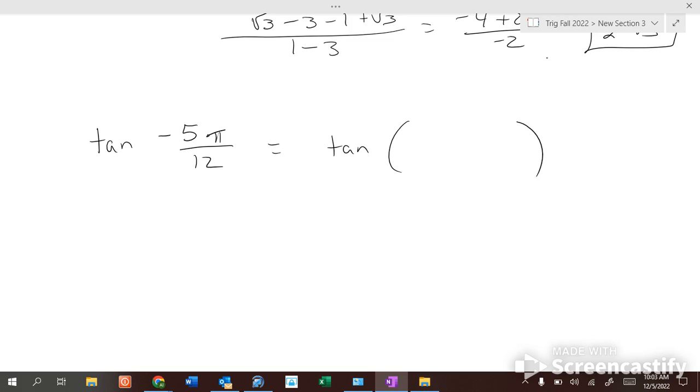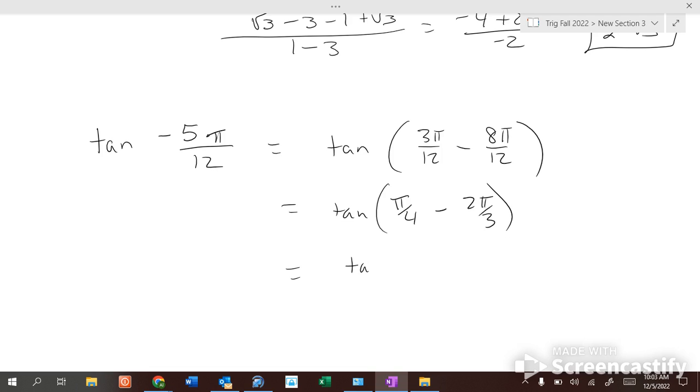How about 3 pi over 12 minus 8 pi over 12? Okay? Because if you took 2 times 7, we don't have a 7 over 12. If you took 1 times 1 minus 6, we don't have a 1 pi over 12. So, yeah. So it's the tangent of pi over 4 minus 2 pi over 3, correct?